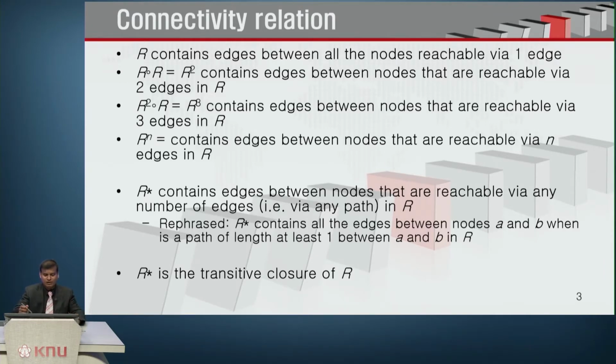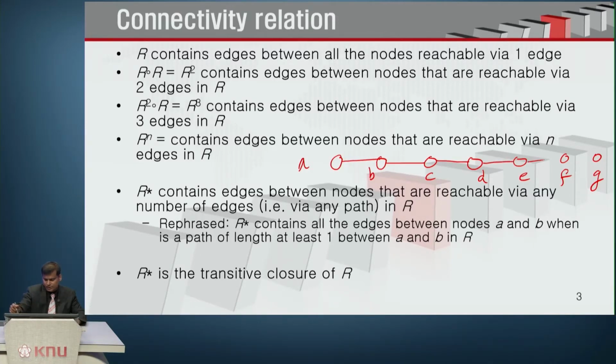Just for your example, let me show you this connection here. Say you have these nodes. We know that this is A, this is B, C, D, E, and for our example F and G. Let's say that A is connected to B and B is connected to C. They have a relation C to D, D to E, E to F, F to G. So from here we can clearly establish the fact of transitivity.